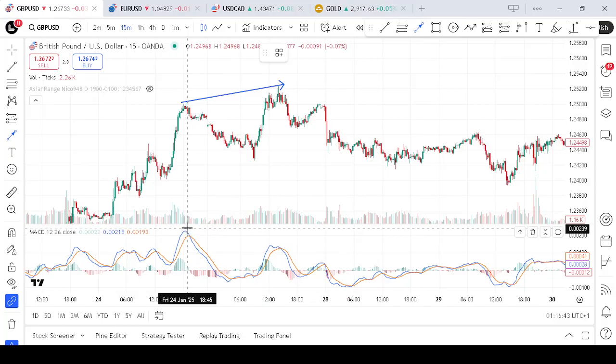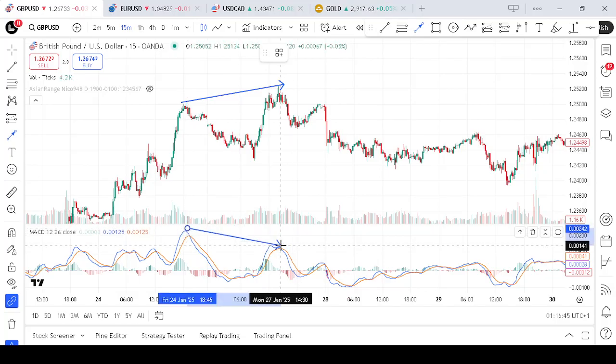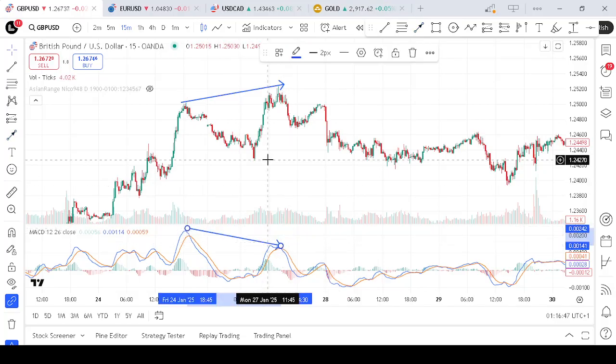When the MACD is making a series of lower highs, this indicates a possible downward reversal. By recognizing these signals and understanding how they interact, you can make more informed trading decisions.